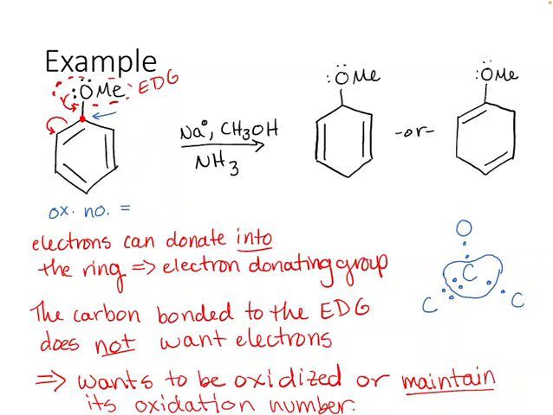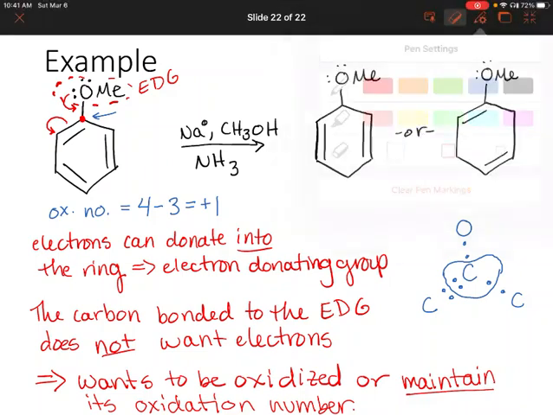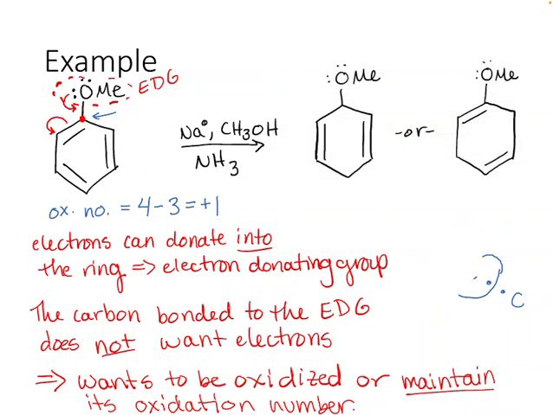All right, so we have 4 valence electrons minus the 3 electrons that carbon has ownership of. So that means we have an oxidation number of positive 1. Okay, so in our product, we want to maintain that oxidation number or increase it. Now let's look at our two potential products here and figure out which one is preferred.